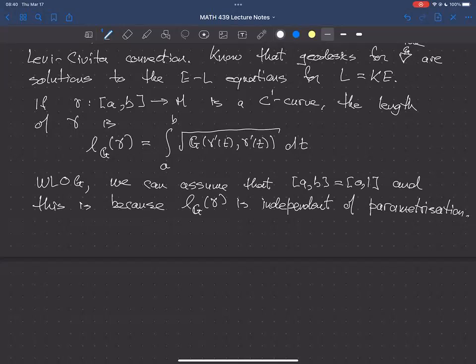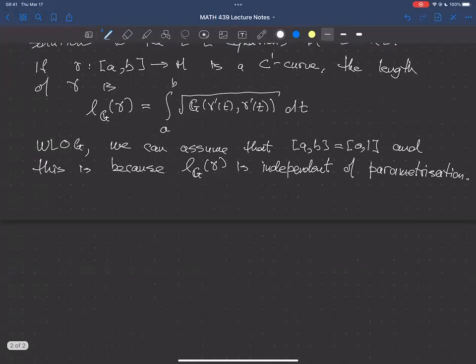So I'll explain what that means. It means you can parameterize the curve however you want. Let's suppose we choose some parameterization, so that just means you choose some curve and you want to reparameterize it. What would that mean? Well, you're going to take a curve which is possibly defined on a different interval, and possibly goes along the manifold with different speeds than your original curve gamma. Gamma always has a speed gamma prime.